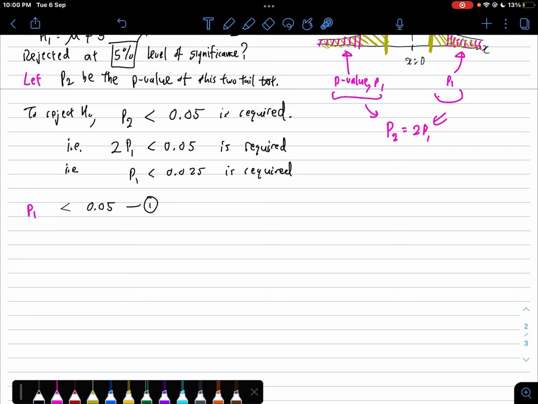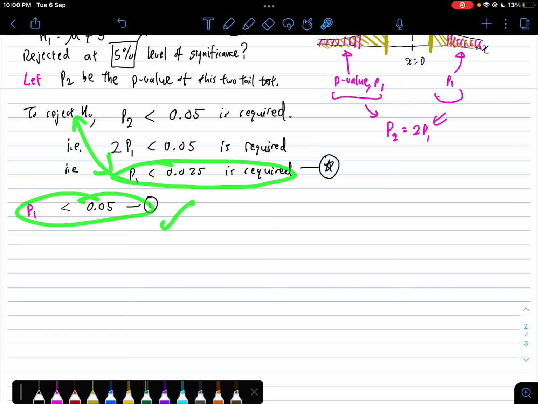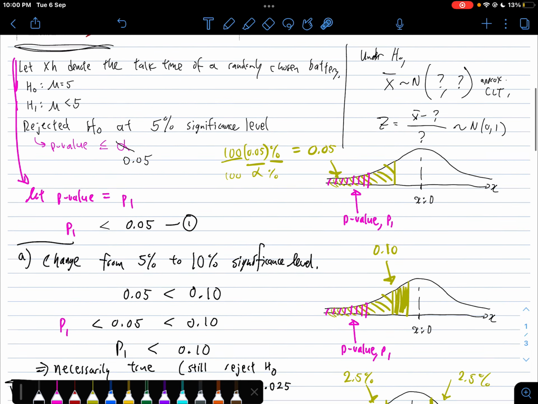So let's compare our requirement here, the star, versus what we do know to be true. What can we conclude? This is what is required in order for us to reject H0. Inequality 1 is what we do know from the previous part, from the given statement. What was the given statement?